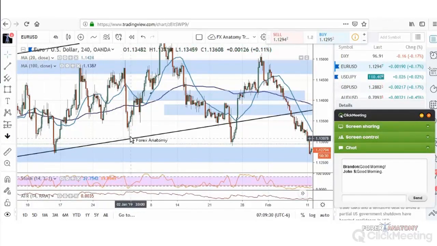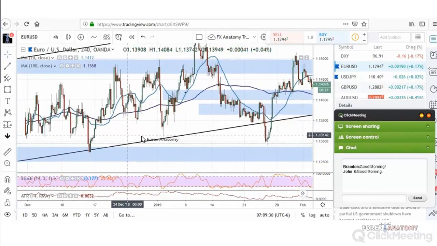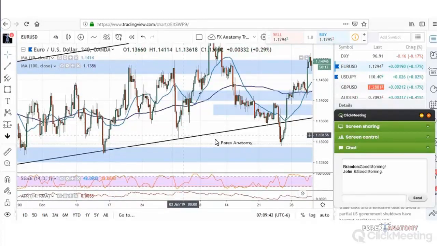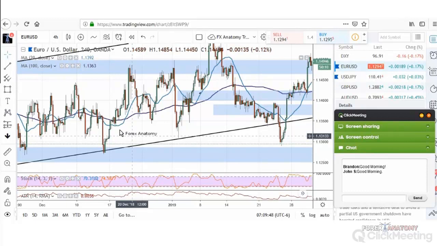This area functioned as support before, and this level or area functioned as support as well. And of course, if you go historically, you can see that this zone was a common zone of support. So then I'm expecting for this same zone or area to be respected, even on a pullback in price. So then what I'm going to do is just draw in this zone right now.